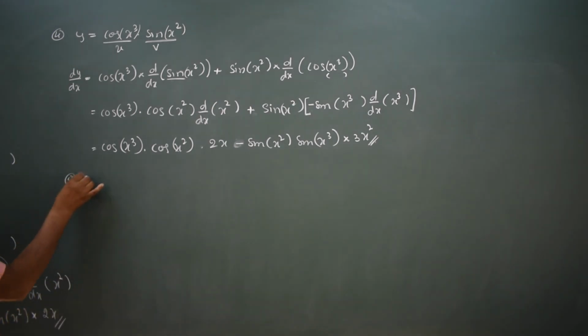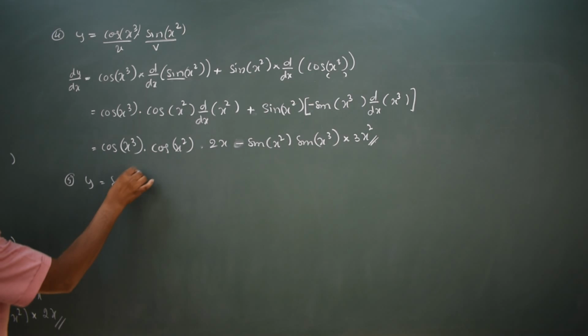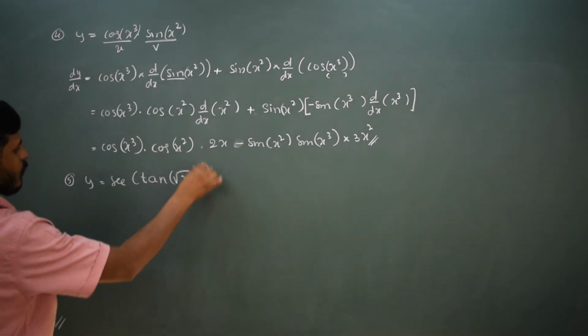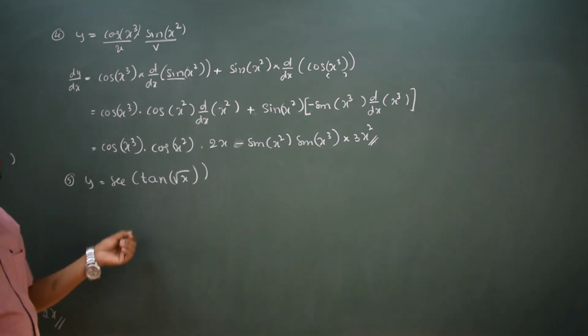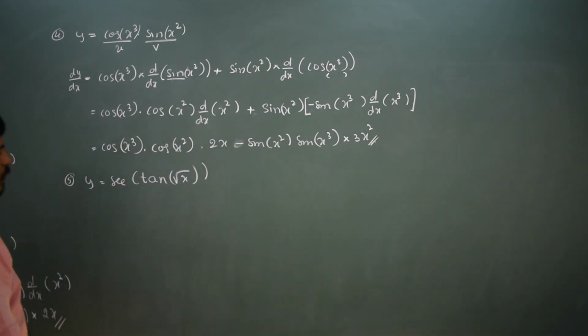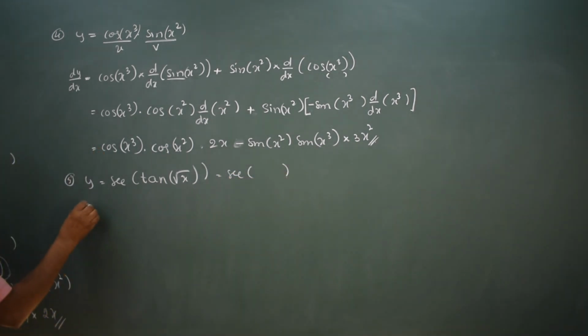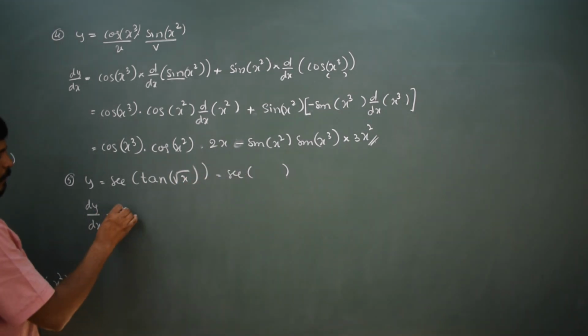Next, y is equal to secant of tan of root x. Here secant of something, tan of something. So we can make use of first, it is secant of something. How to differentiate this? Dy by dx is equal to, what is the differentiation of secant of something?